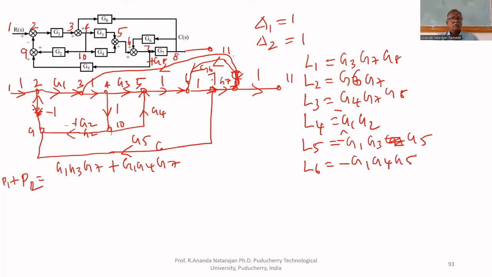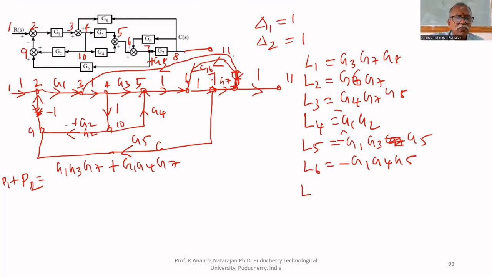So 6 loops I got. Any other loop? How many we got there? Yes, 8.